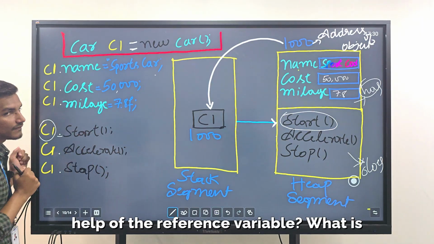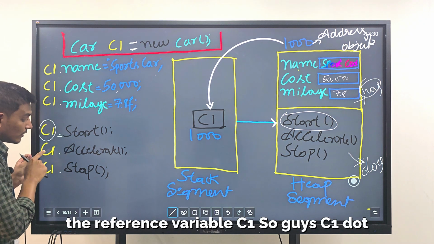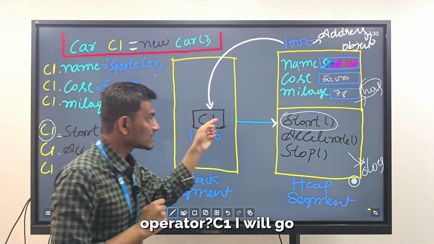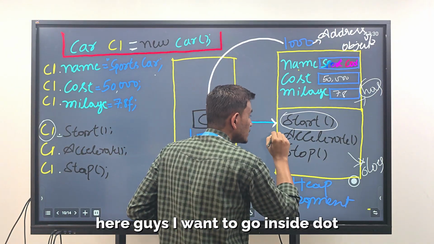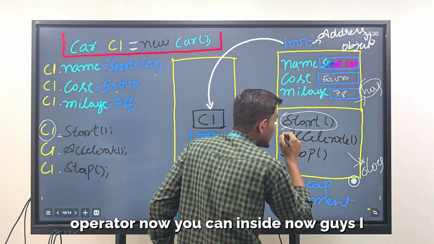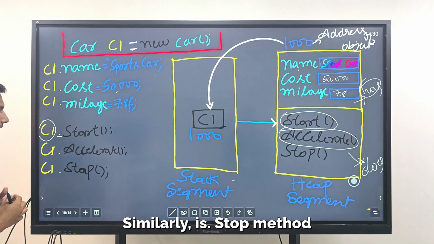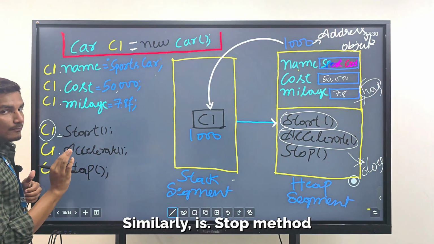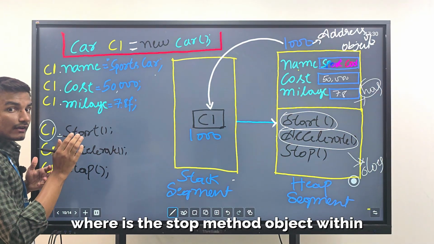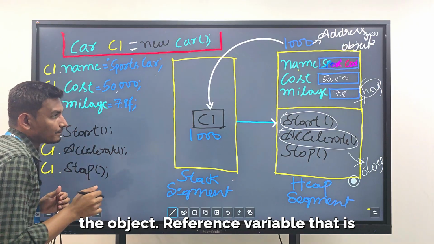Similarly, guys, if I want to go inside the object in the does part, how? With the help of the reference variable. What is the reference variable? C1. So guys, c1 dot operator, c1, I will go here. Now guys, I want to go inside, dot operator. Now guys, I am calling this accelerate. Similarly, guys, the stop method. Where is the stop method? Object within the does part. So, guys, how to go inside the object?